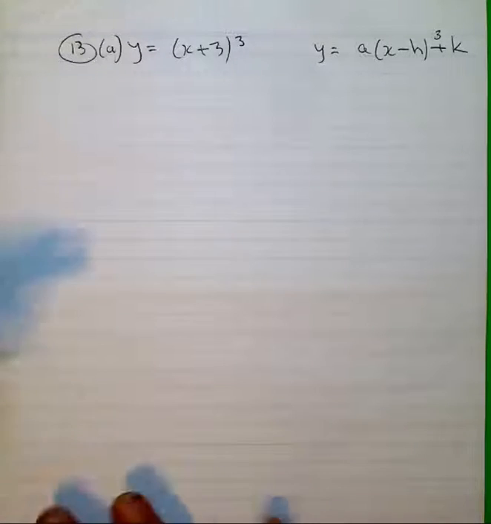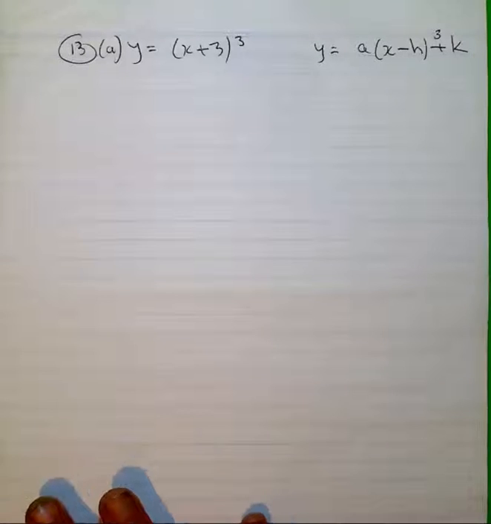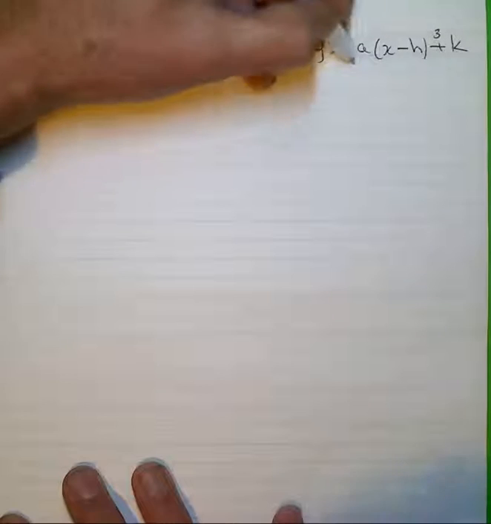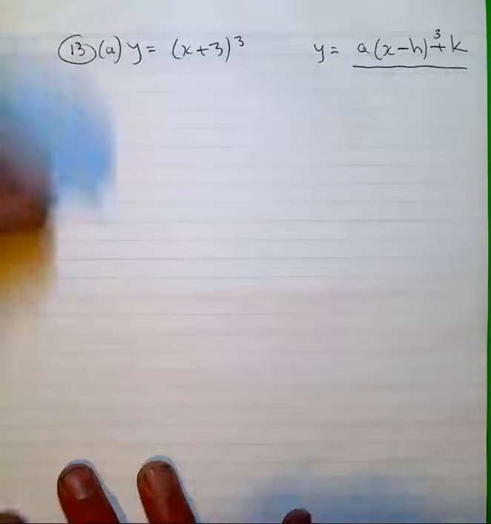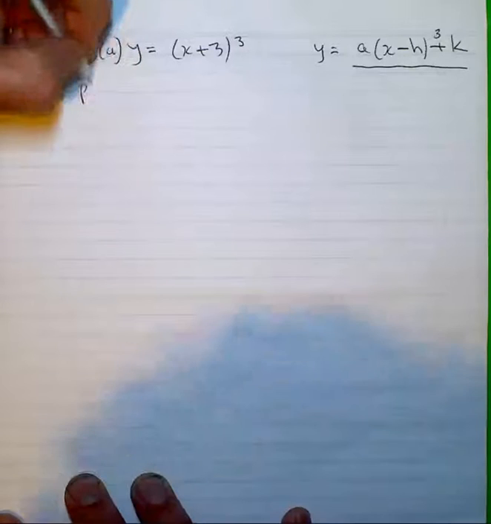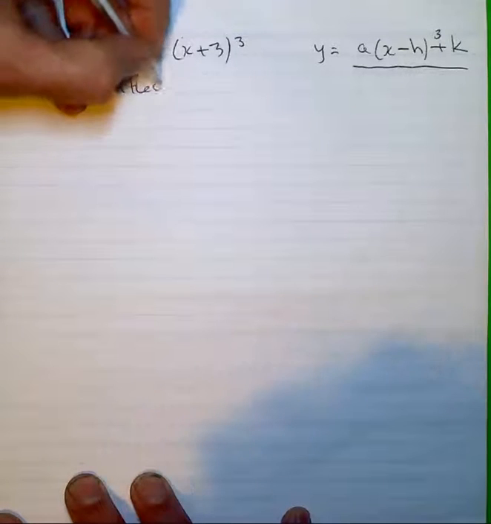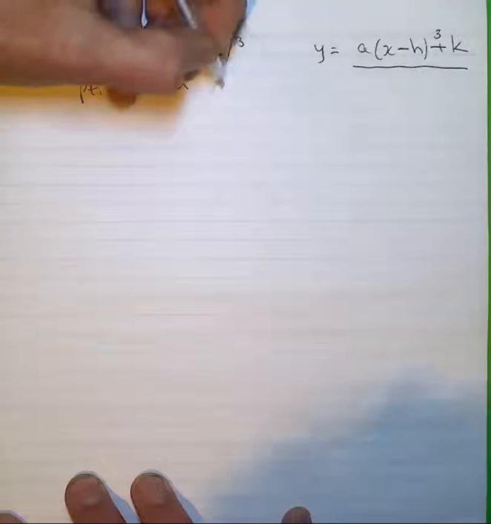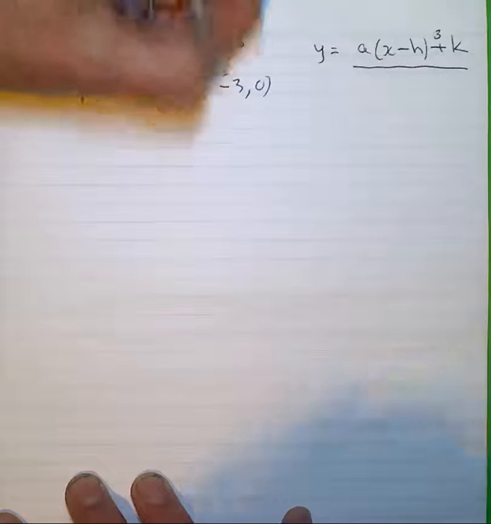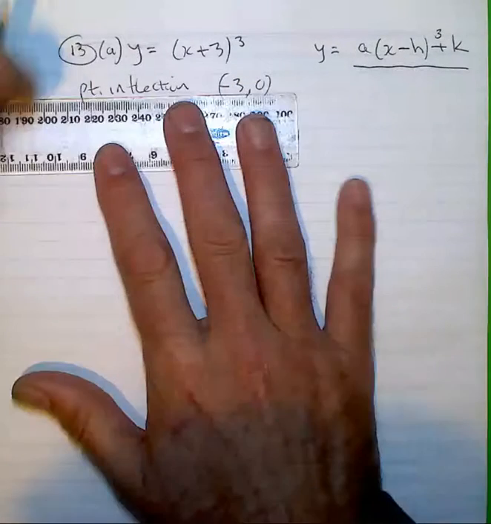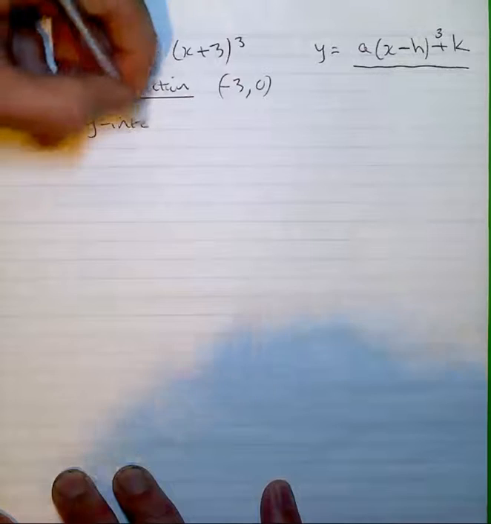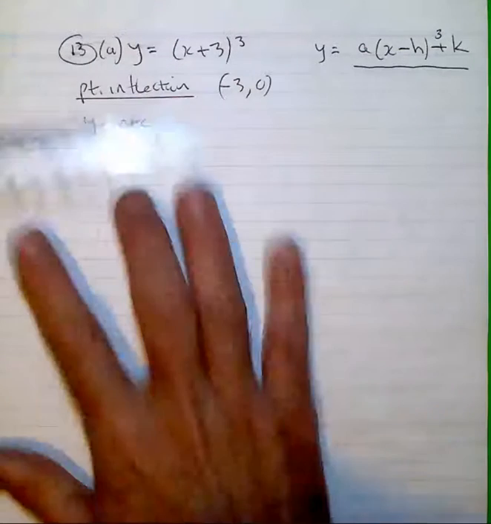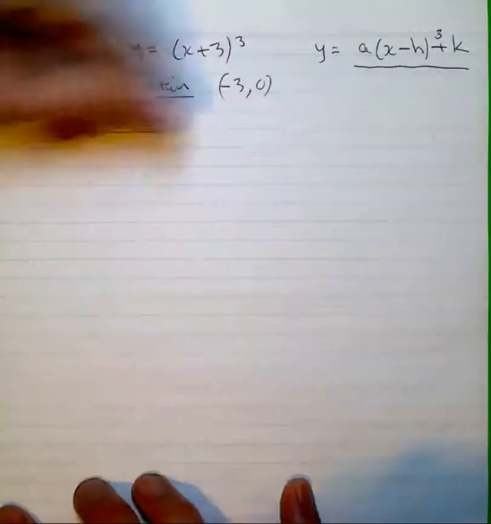Now, in the first instance, this is a classic point of inflection case. It's in the form a lots of x minus h cubed plus k. So point of inflection will be -3, 0. The y-intercept, well, that's going to occur when x is equal to 0.